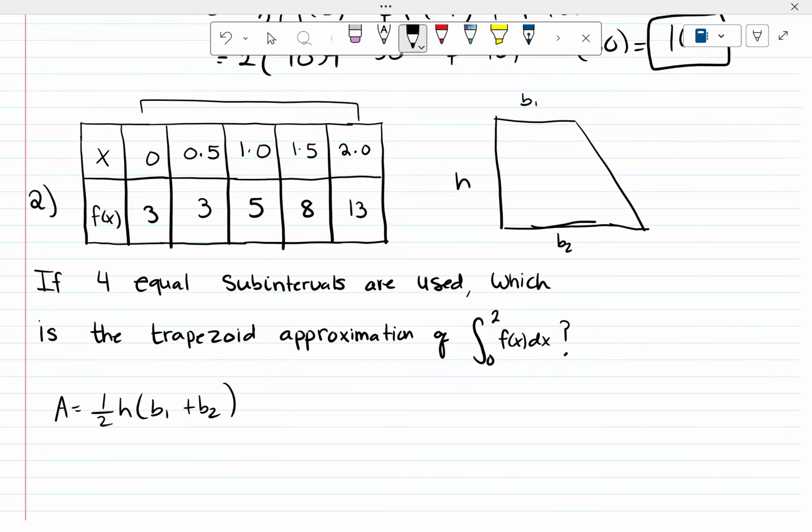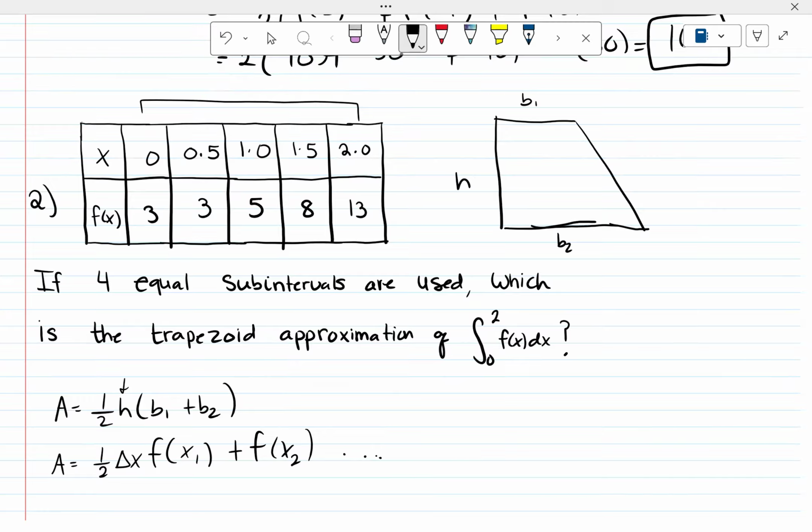In our case, it would be 1/2 the h. The h is like our delta x, and then it's going to be f of x1 plus f of x2, etc. We're going up to 2.